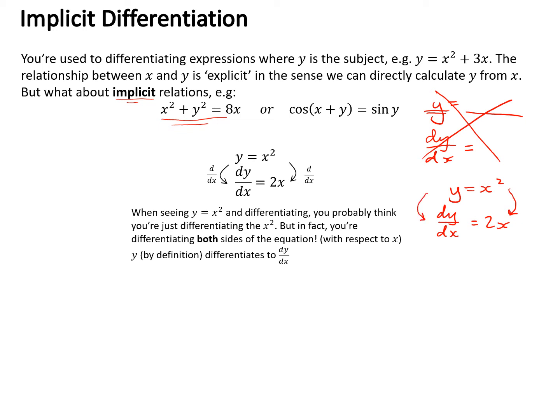Here we had y equals x squared, you usually just think, oh, it's y equals, so we just get dy by dx. In essence, yes, but we are actually differentiating y. y gets differentiated to give us dy by dx. So we differentiate both sides of the equal sign.